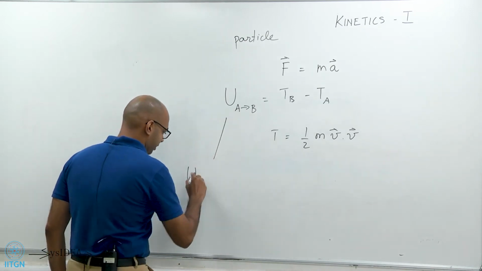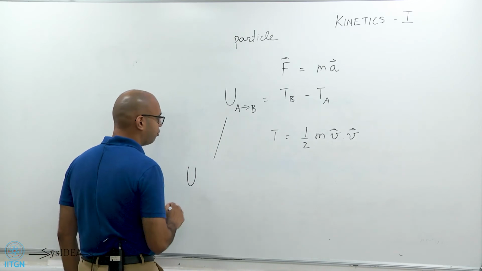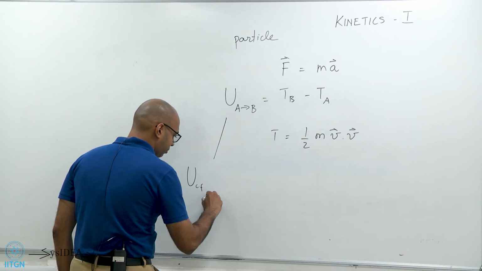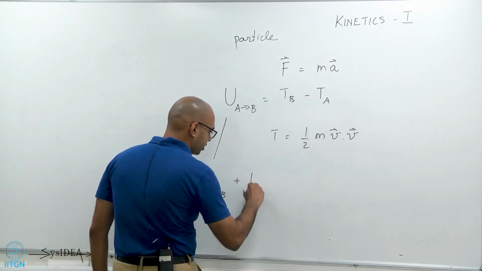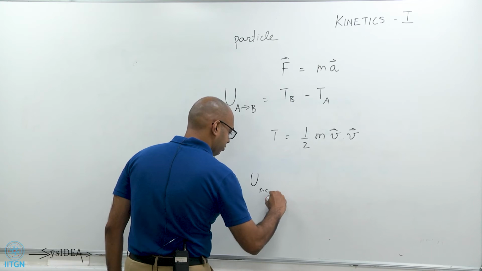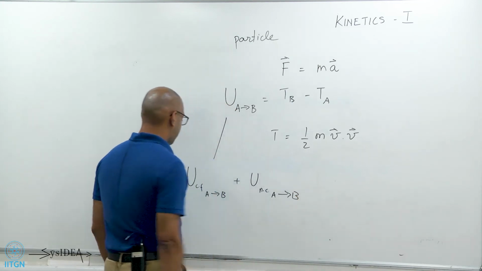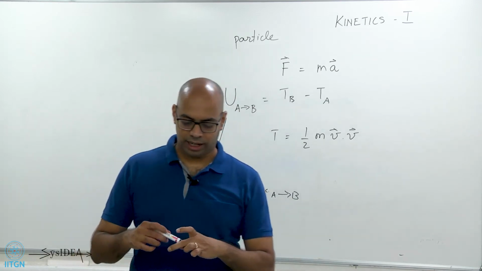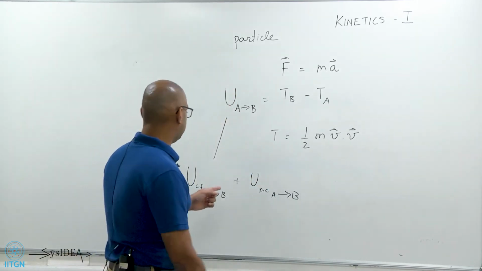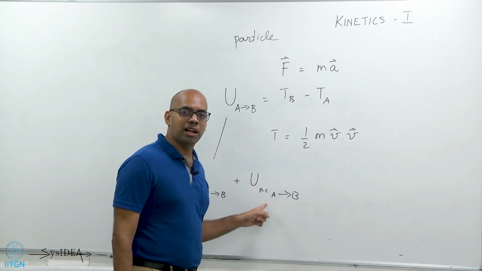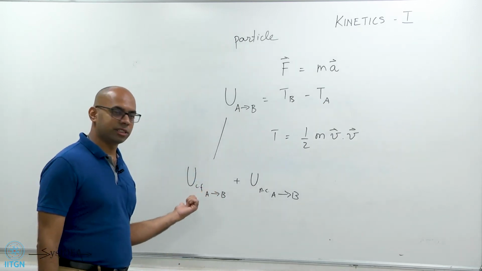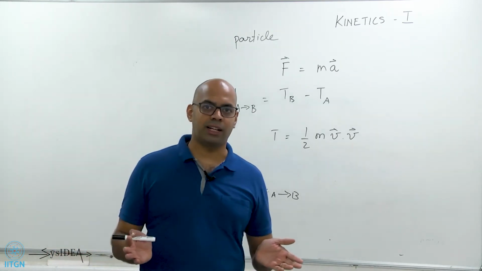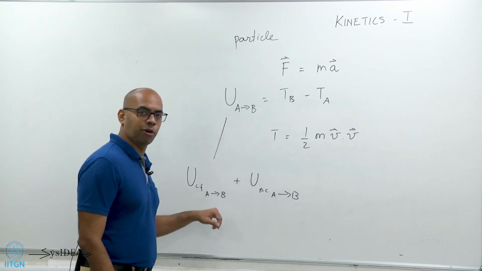write work done as a sum of two terms, work done by conservative forces in going from A to B plus work done by non-conservative forces in going from A to B. Non-conservative forces are forces for which the work done by them depends on the path taken, whereas conservative forces are the forces for which the work done by them is independent of the path taken and only depends on the end points.